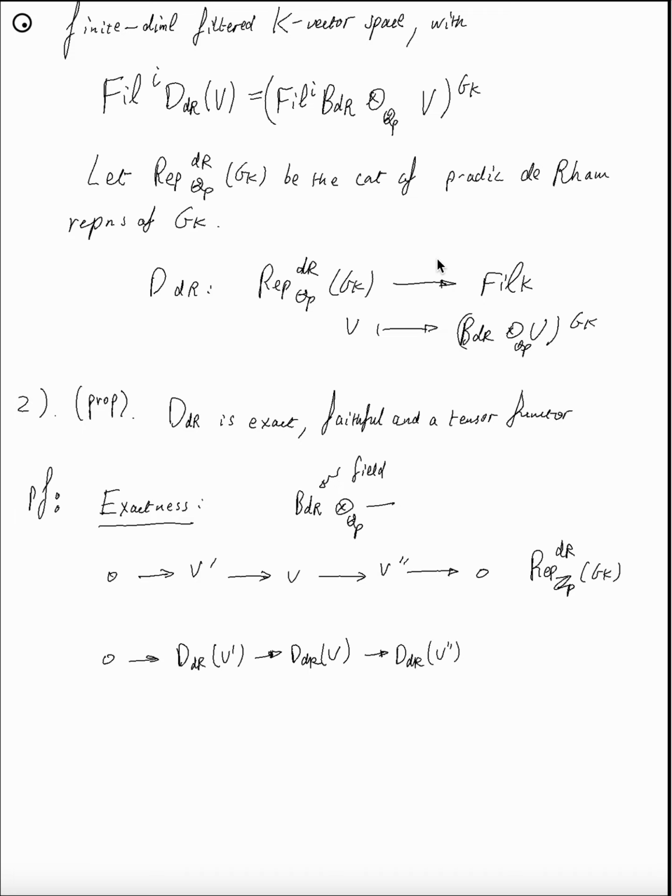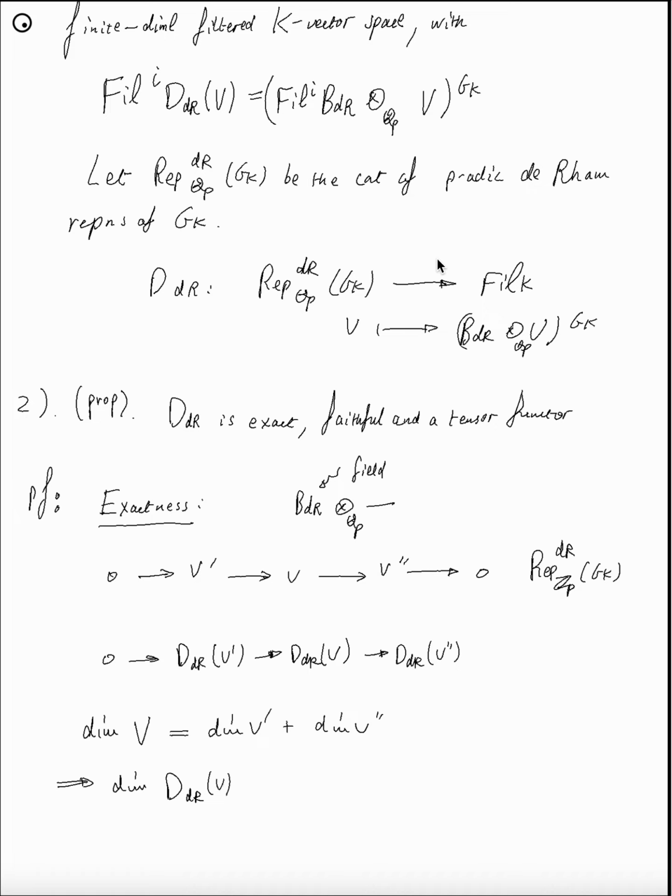But then this is again a vector space, just a K vector space, and to show the surjectivity it's enough to just count the dimension. We know they have the same dimension, so dimension V equals dimension V' plus dimension V''.